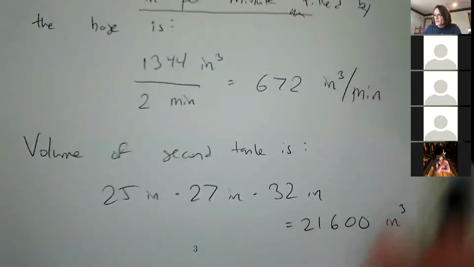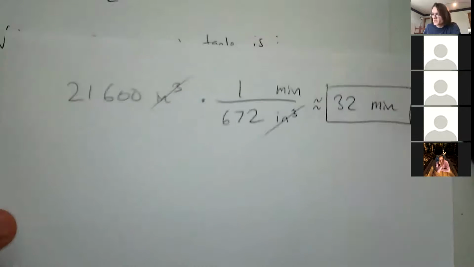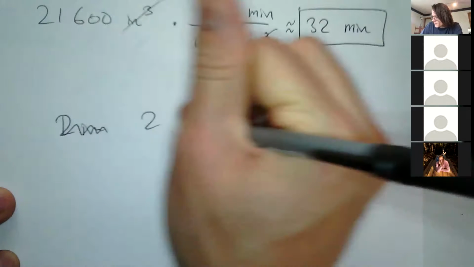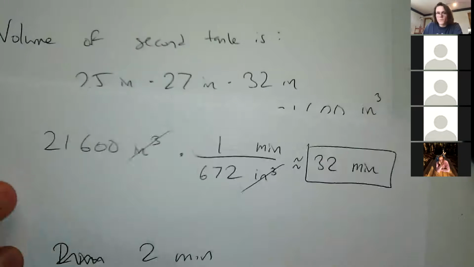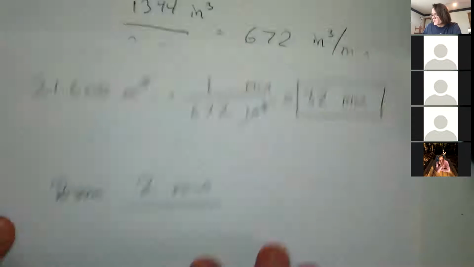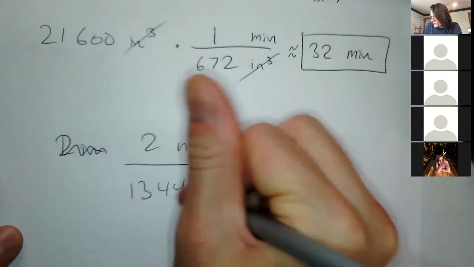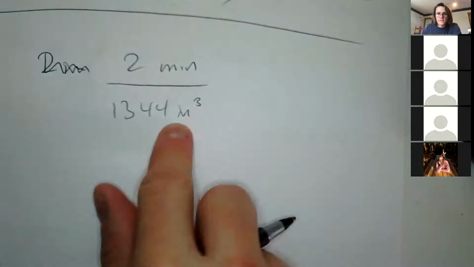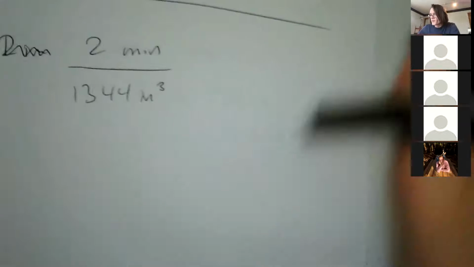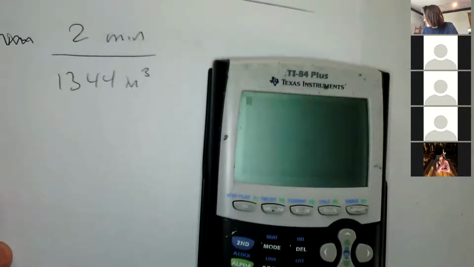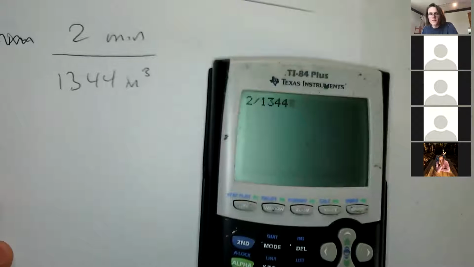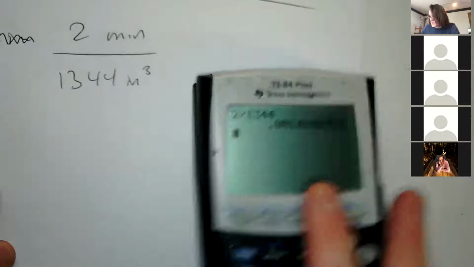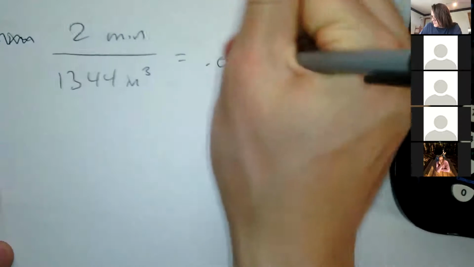If you did it the other way, for instance, what I mean is if you had computed 2 minutes over 1344 inches cubed, and you do that, what do you get? You get 2 divided by 1344. Oh, it's tiny, 0.0015.